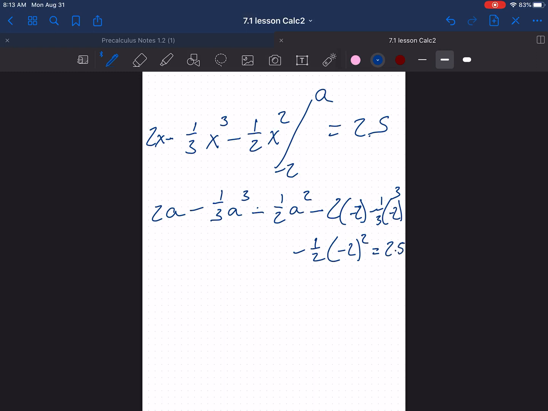So you've got a lot of cleaning up to do, and you can solve this. 2a minus 1/3 a cubed minus 1/2 a squared. Minus 2 times negative 2 is a plus 4. Negative 2 cubed would be a negative 8, but it's times a negative 1/3, so that'd be a positive 8/3. Negative 2 squared is 4, times a negative 1/2 would be a negative 2.